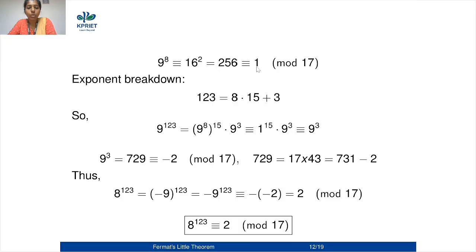So at this stage I stop, and then start to find the multiples of this power of 8 to reach the power 123. This way of solving will help us get the solution more easily.